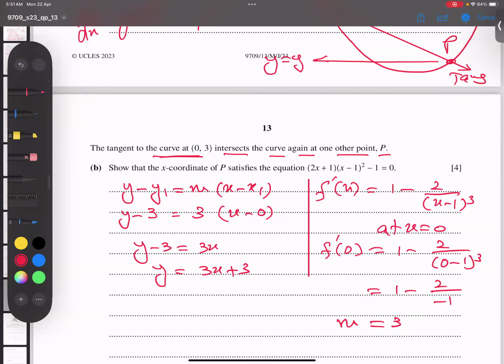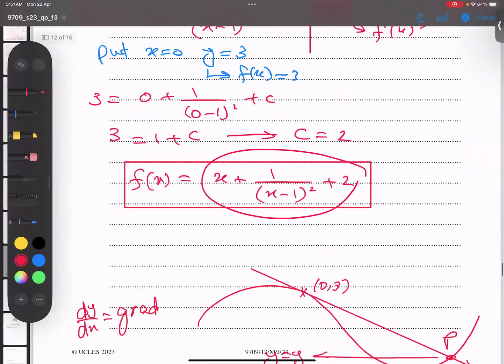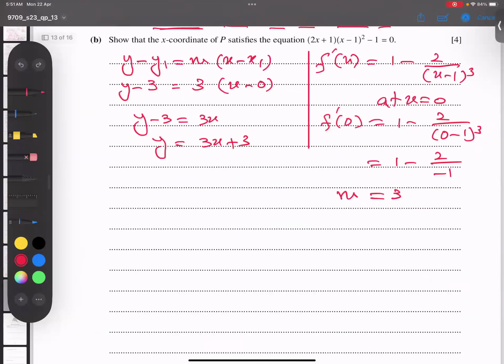So I think this part is very clear, and we got the equation of the tangent, and now I'm going to equate this equation with this equation, because this is the equation of the curve. So I will take this whole expression and I will copy it and bring it here, and I'm writing as they intersect.